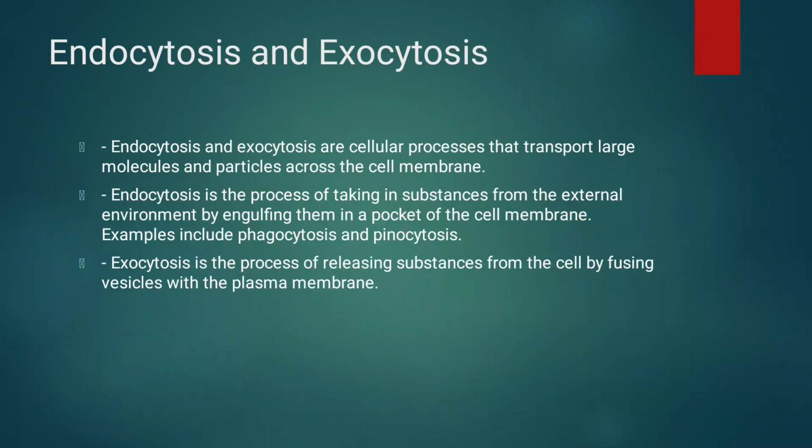Examples of endocytosis include phagocytosis and pinocytosis. Exocytosis is the process of releasing a substance from a cell, done by fusing vesicles with the plasma membrane.